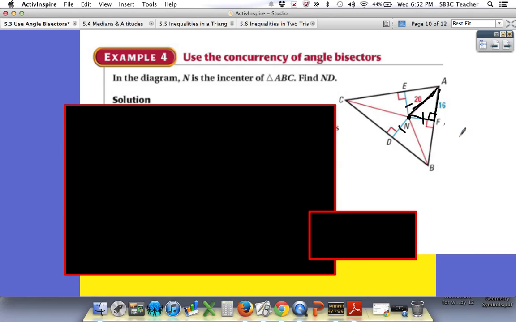So now we have a triangle that has a slanted height of 20 and a base of 16. This blue segment is what's missing. Since all the blue segments are congruent, if we find what this blue segment is, we'll automatically know what this segment measures, ND. Well, let's check out the solution.